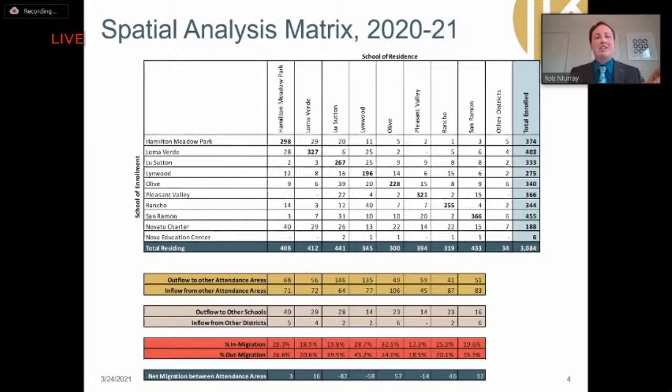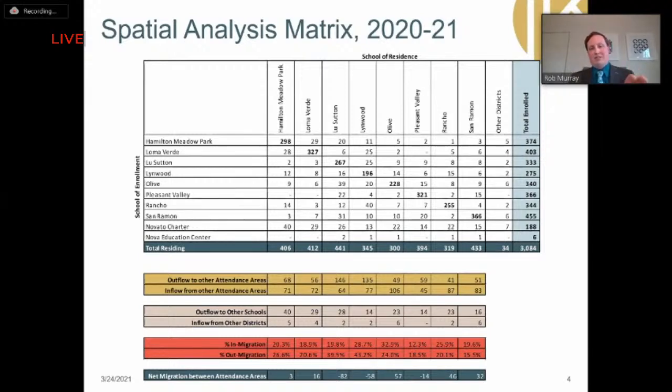And in the net migration, and here's where I'm emphasizing a lot of this now to hopefully clear up questions when we're looking at similar presentations, this is where we take out the other district's residents. We take out the students who are attending Novato Charter or Nova Education. This is a zero-sum analysis between the 8 schools with boundaries. So if you take all those and total them up, it will come out to exactly 0.